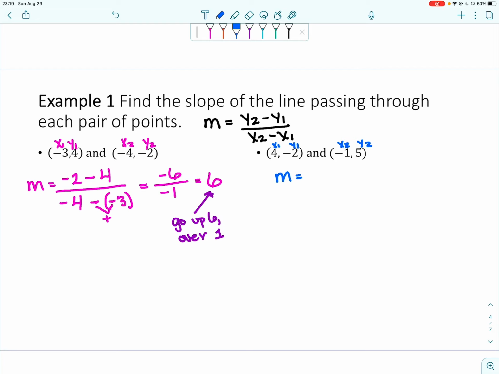So y2 is 5 minus -2 over -1 minus 4. So this becomes 7 on top, because that becomes addition. -1 minus 4 is 5.